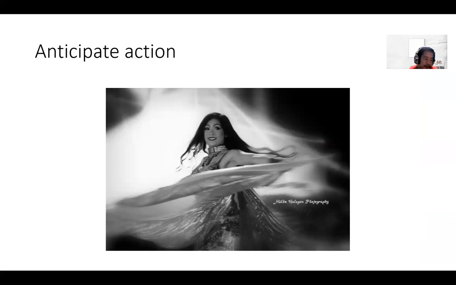Anticipate action. Sometimes on events, you have to anticipate action, and sometimes when things are too fussy, you also need a high shutter speed. Of course, this is Karen Navarrete, a local celebrity, and she has a dance company, and the dance she created a troupe.